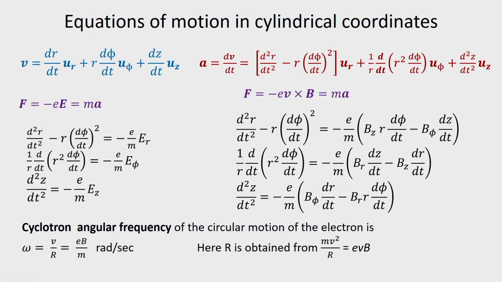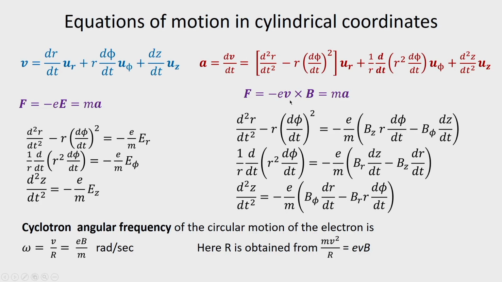Now, because v and F, these two are perpendicular to each other. This force is perpendicular to both v and B. So, this force, being a perpendicular force, will try to move the electron in a circular path.